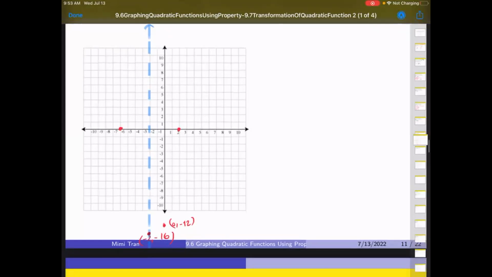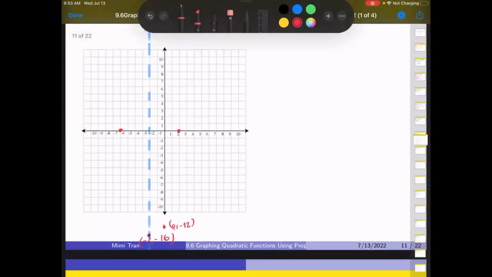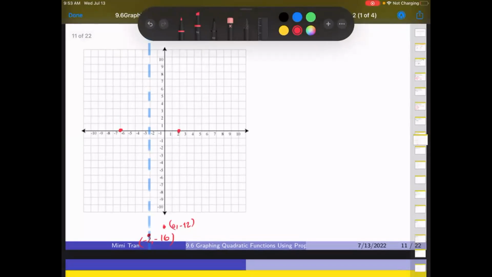And then you can connect the dots. I would like it to be a bit more curvy, not sharp.